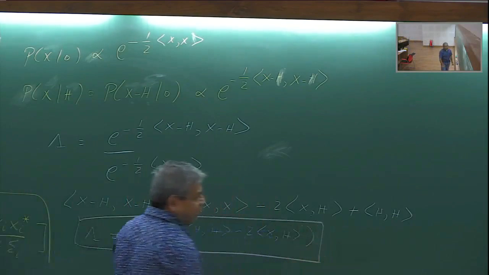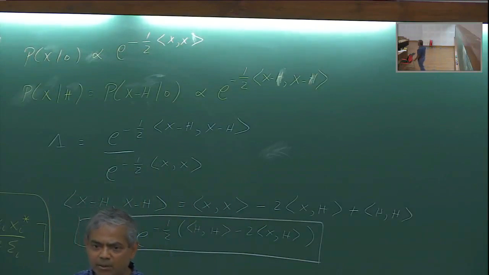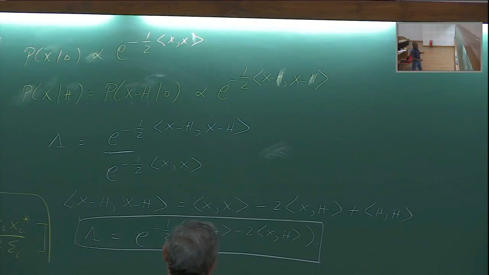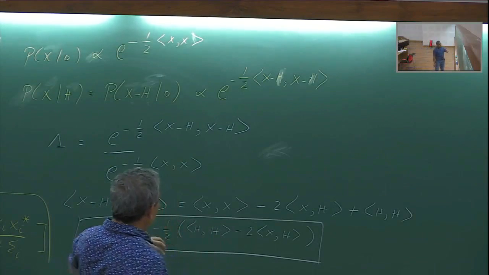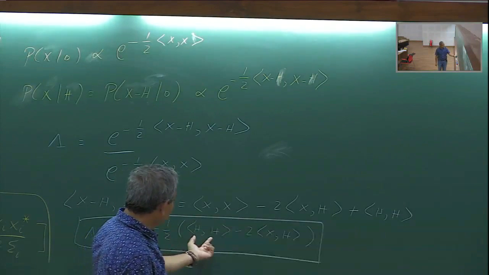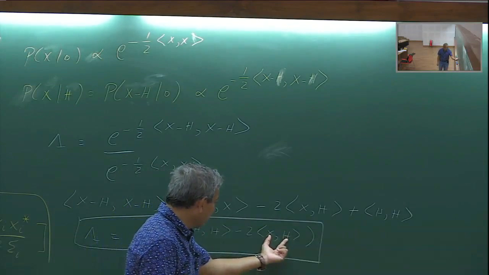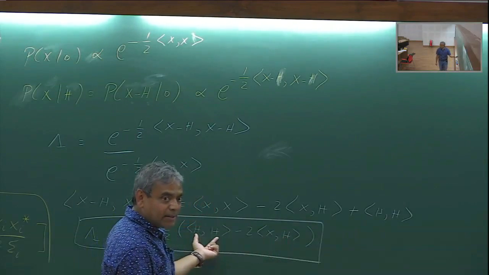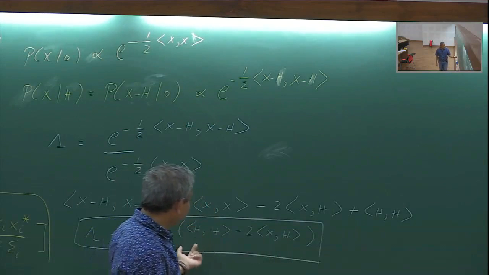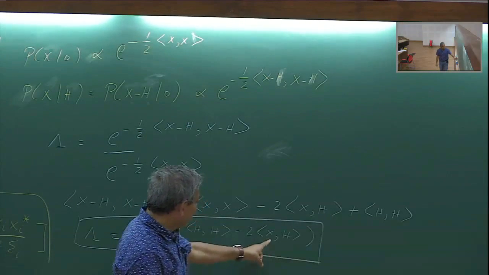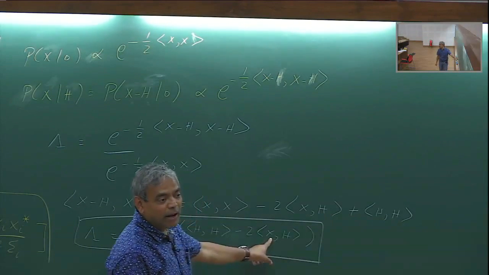After we have made a detection, the detection problem involves computing this quantity here, and this is like a normalization. We take it out. Let's suppose that x is actually equal to h.